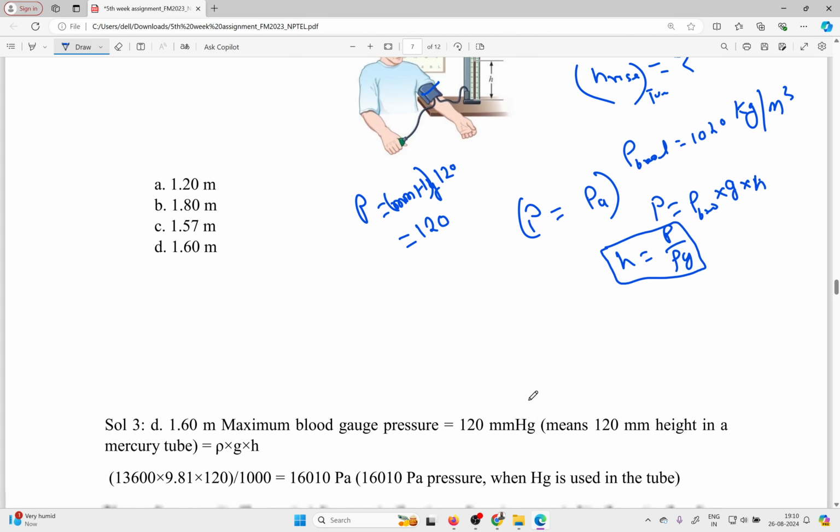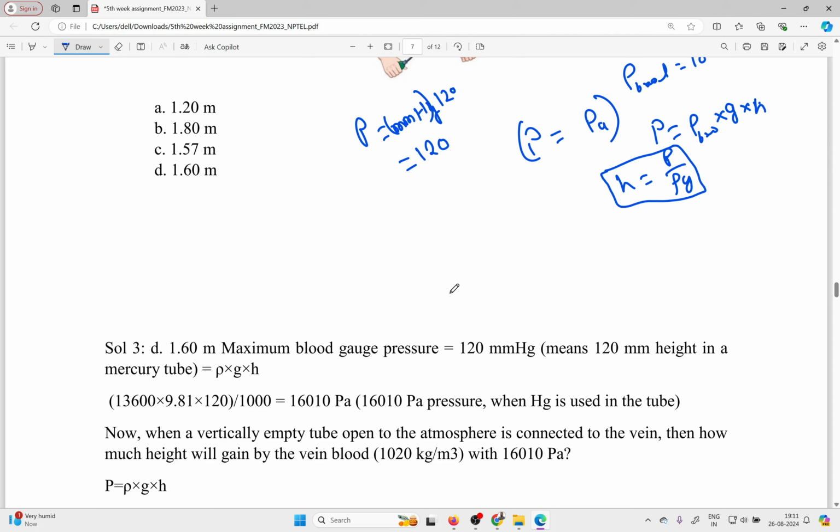Let me show you how to convert. First you will convert this 120 mm into meter, because Newton per meter square is needed. So 120 into 10 to the power minus 3, and rho g is given here in the form of mercury, so you need to put the mercury density, 13600 kg per meter cube I think, into 9.81.